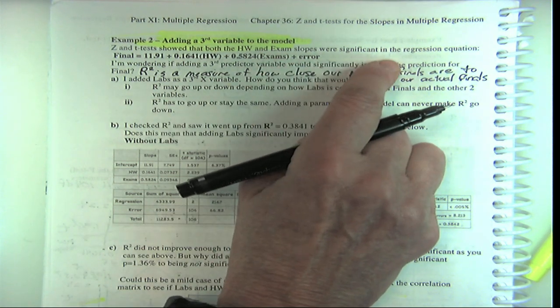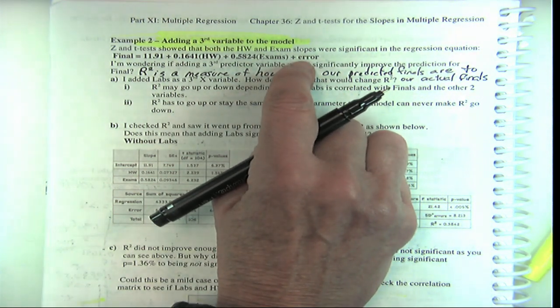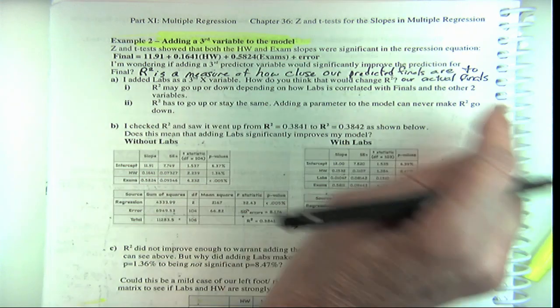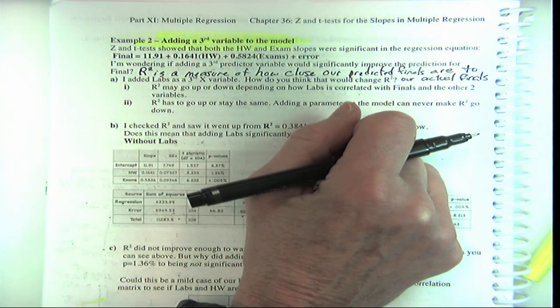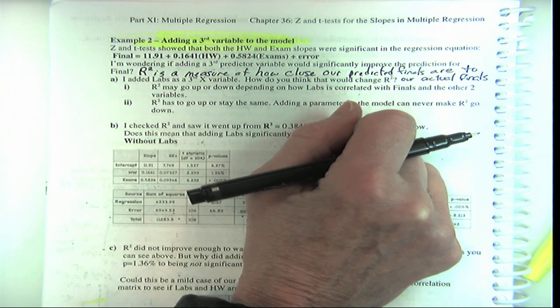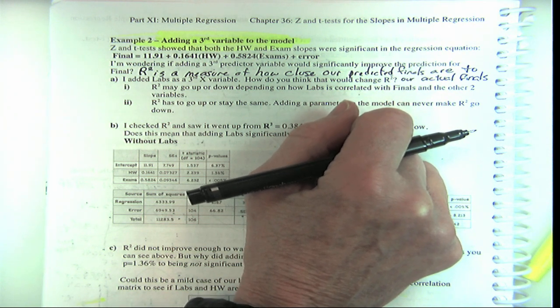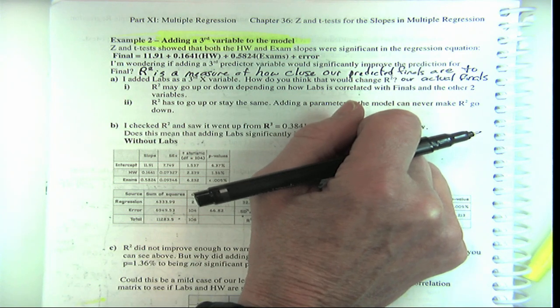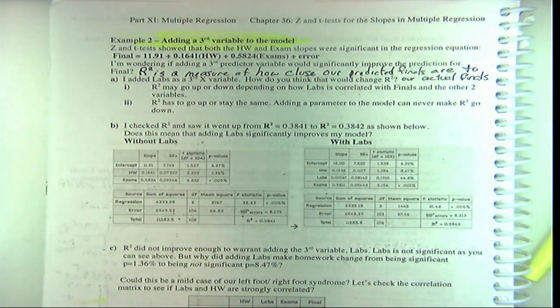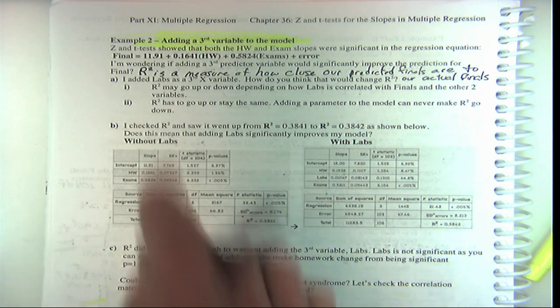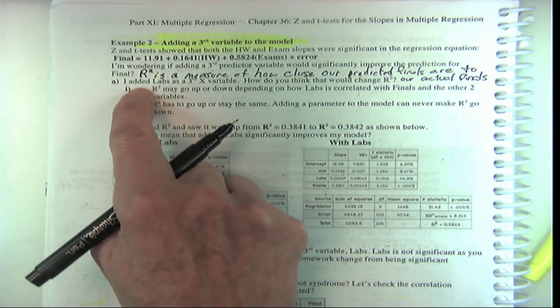Because the more information we add, the more variables we put in, the closer we can get to the actual sample. If we put in 107 predictors, I could put one in for every single student, a 0, 1 variable for every single student, and I could have no error. I could exactly predict everybody's finals. Of course, it wouldn't do very well predicting another random sample. Okay? But the R squared would go up.